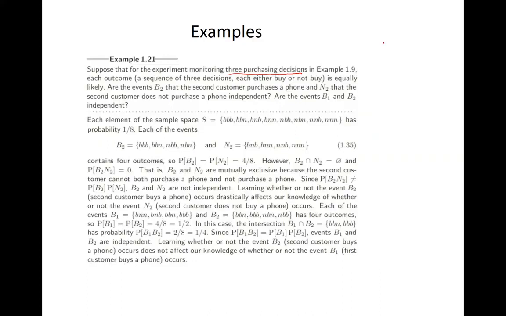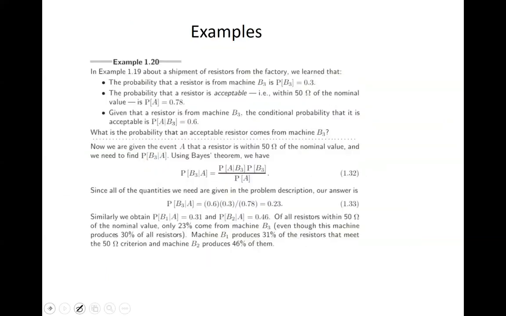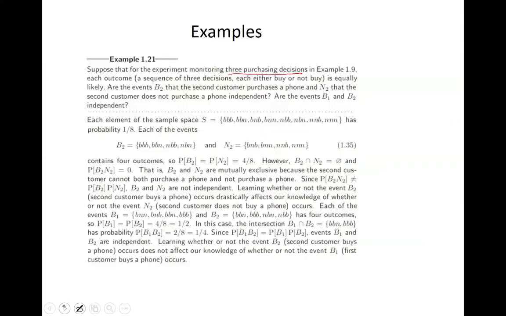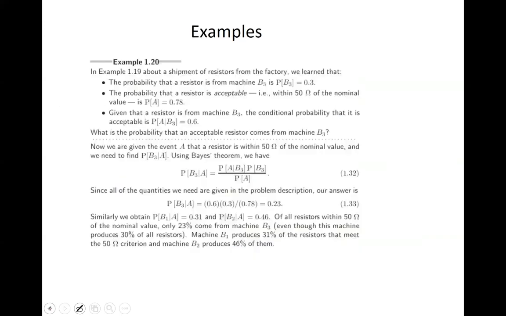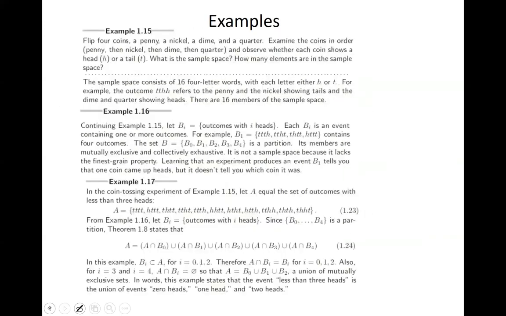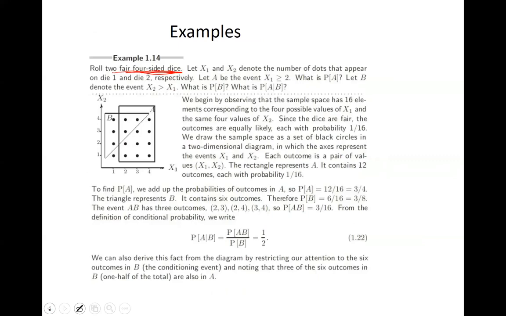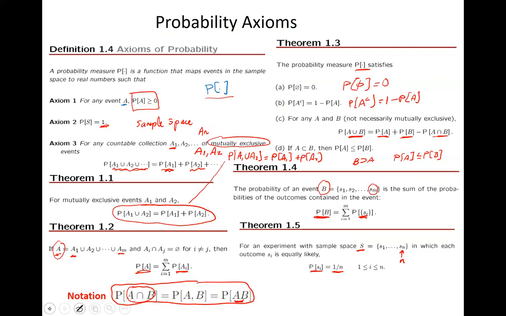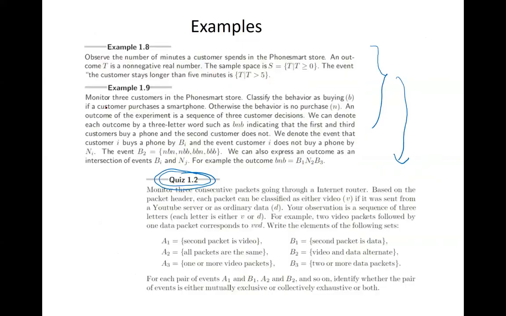Let's go to 1.9, sorry, first. Okay, here we go. Three customers, Phone Smart store, the same experiment. We have buying or not buying.